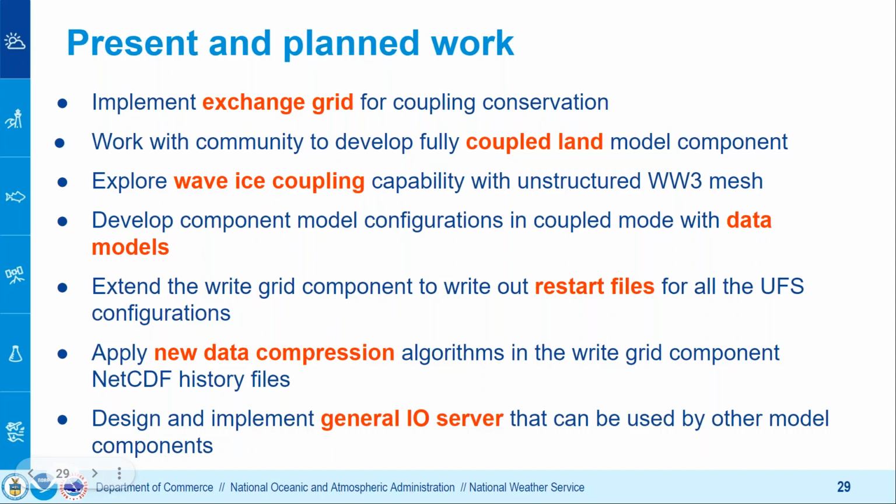One thing I do want to mention is we want to set up hierarchical testing. We will apply a new data compression algorithm to further improve the I/O. In general, we know the I/O is a bottleneck in the system.